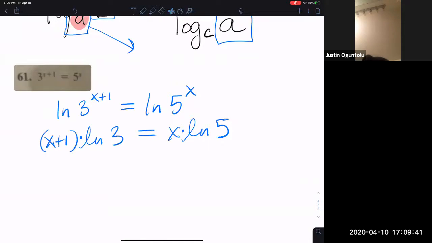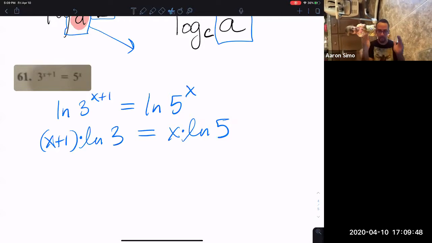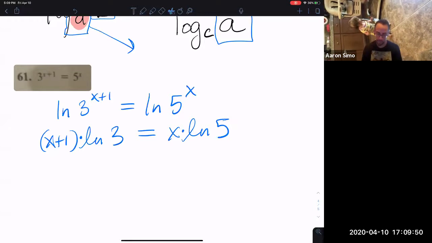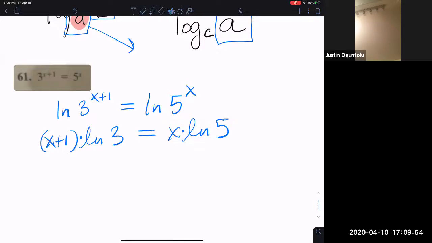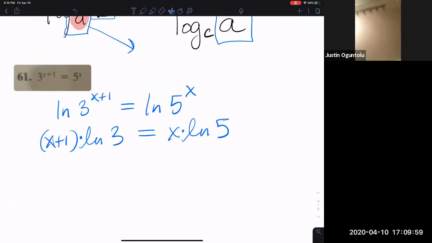Man, this is tough. There's a parentheses there, and the ln of 3 is on the outside of the parenthesis. So what can you do with that ln of 3? Oh, you can distribute it.